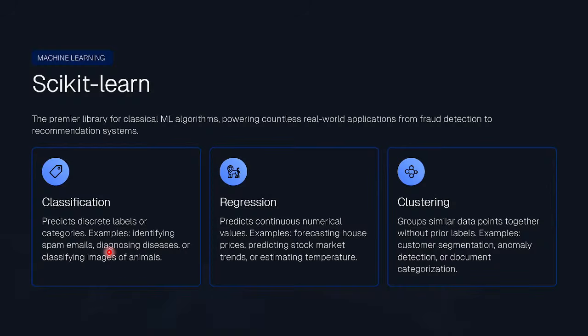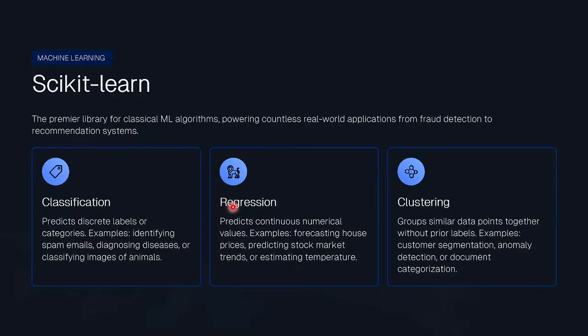Like I only fed it that it can predict either fever or cough, so it can only predict from those two. Or maybe classifying images of animals. If the image of the animal is a lion, it will predict that yes, this is a lion, classifying that image into lion.